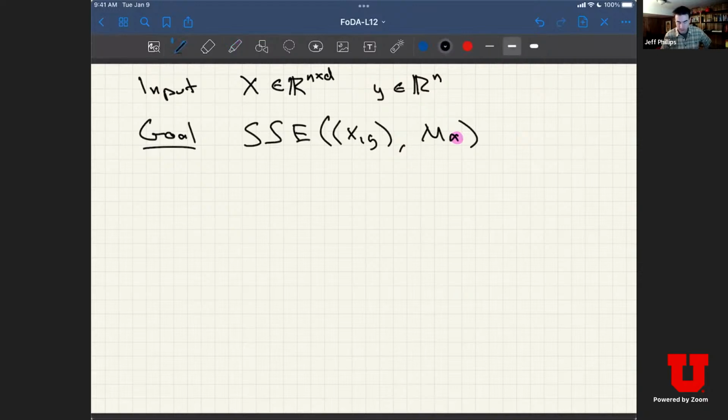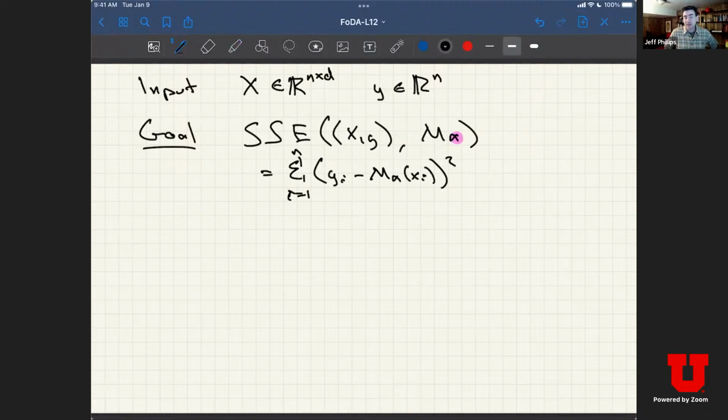I can rewrite this again as the sum of i through N of (yi minus M alpha of xi) squared, right?